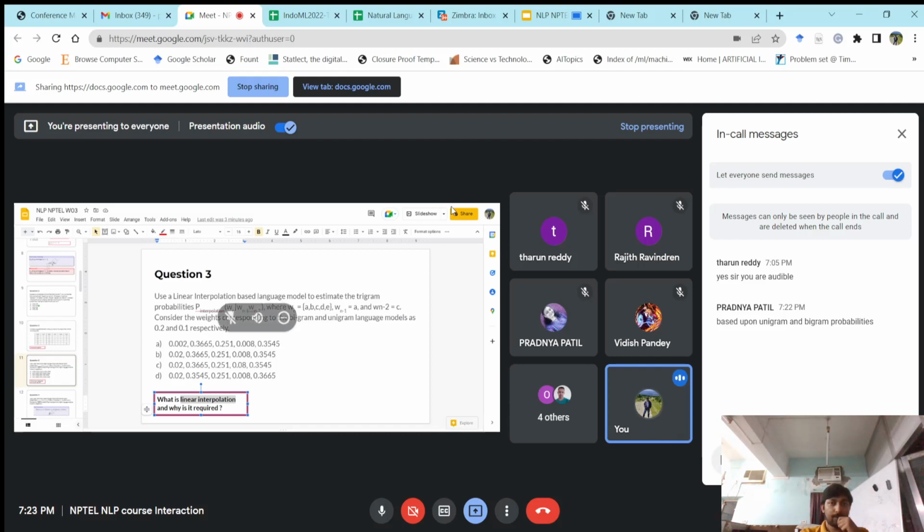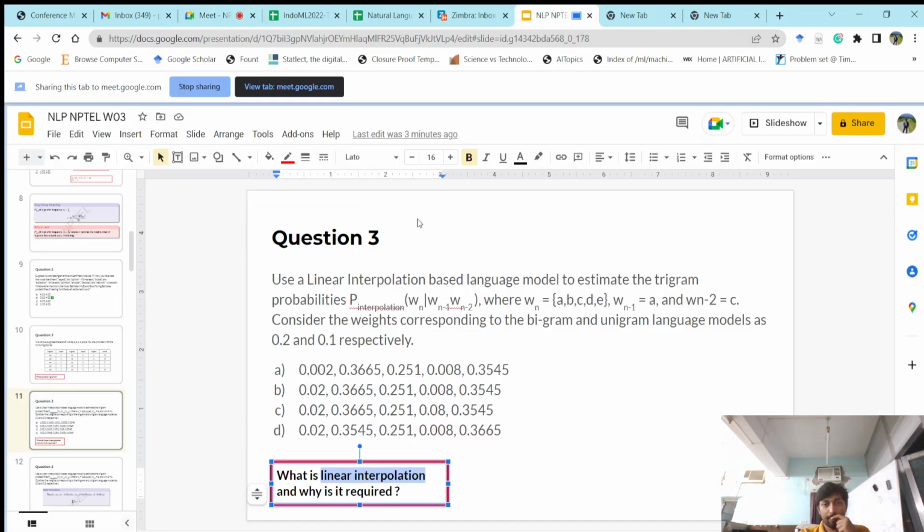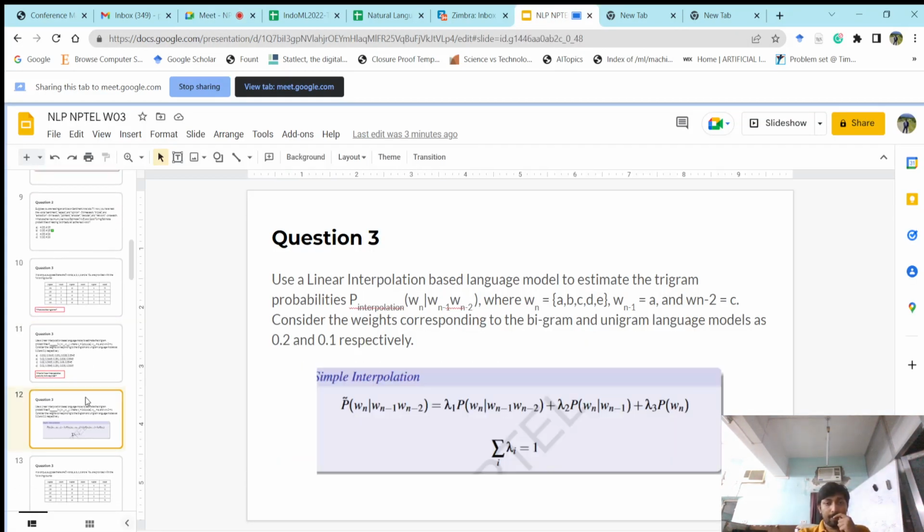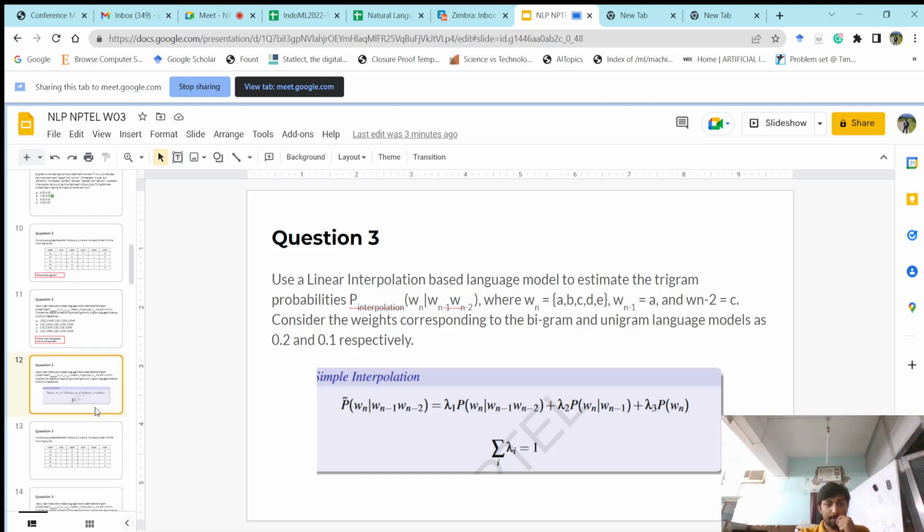Okay, let me go forward. First of all, this is the interpolation part. To calculate the trigram probability, we are using the bigram as well as unigram probabilities. But the question is, why should we use it?